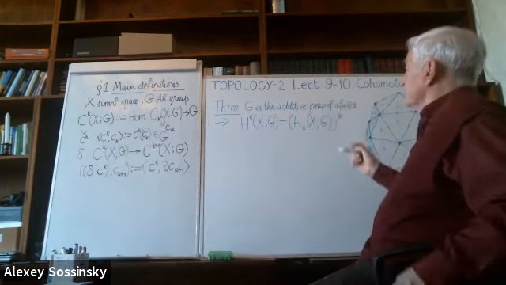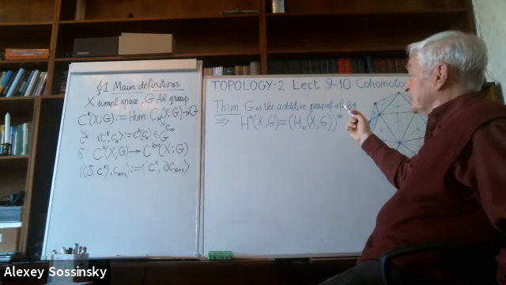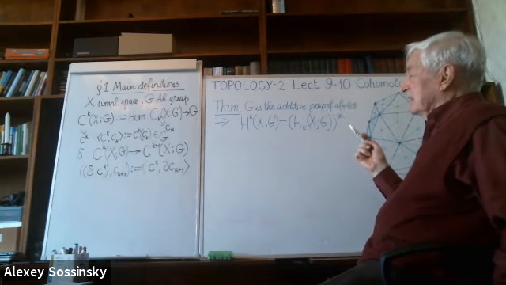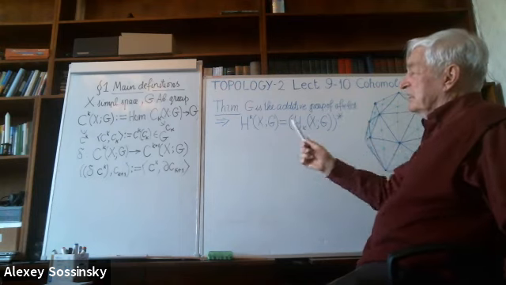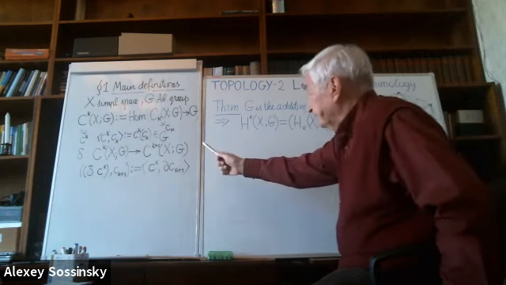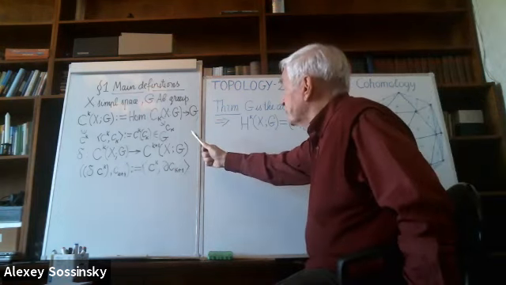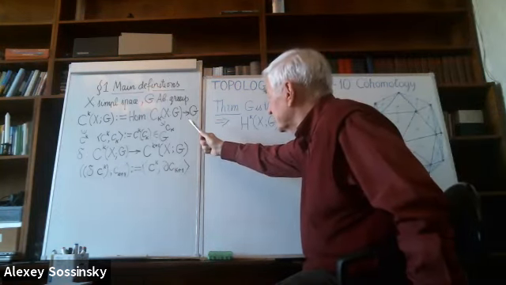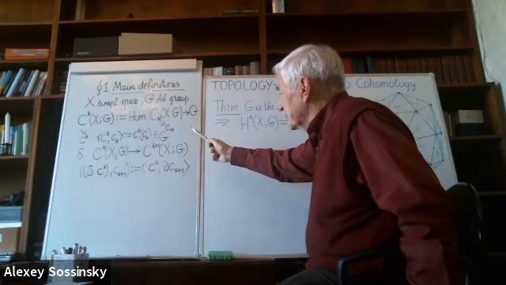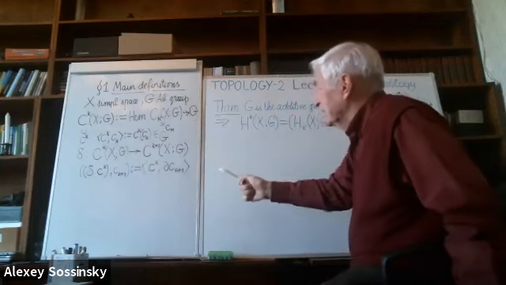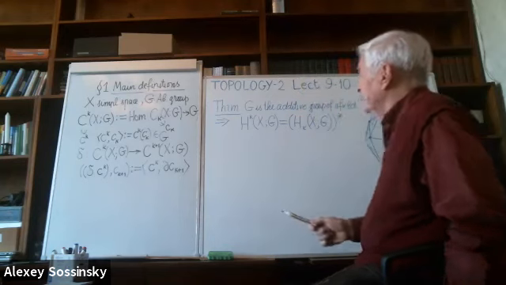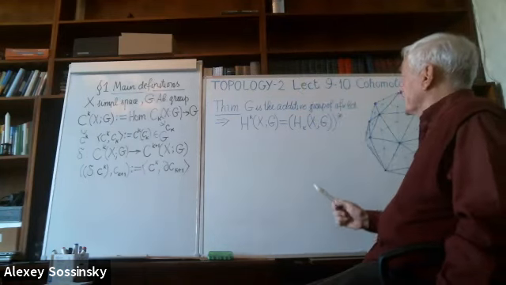Now you see, if G is the additive group of a field, then these groups here, the co-chain groups, the co-cycles and the co-boundaries, as well as the homologies, are linear spaces.